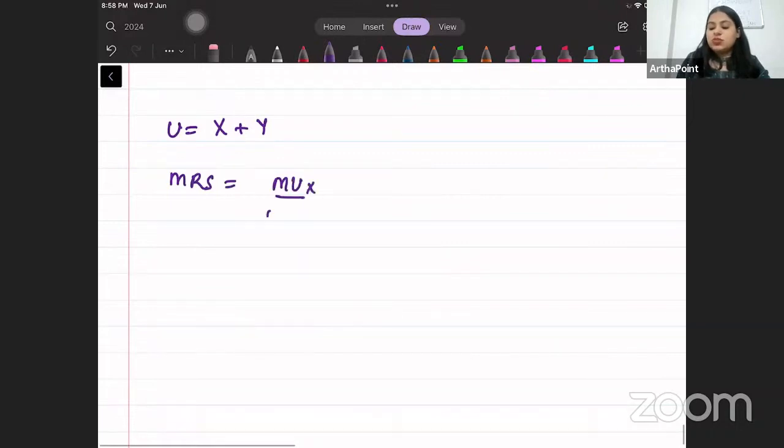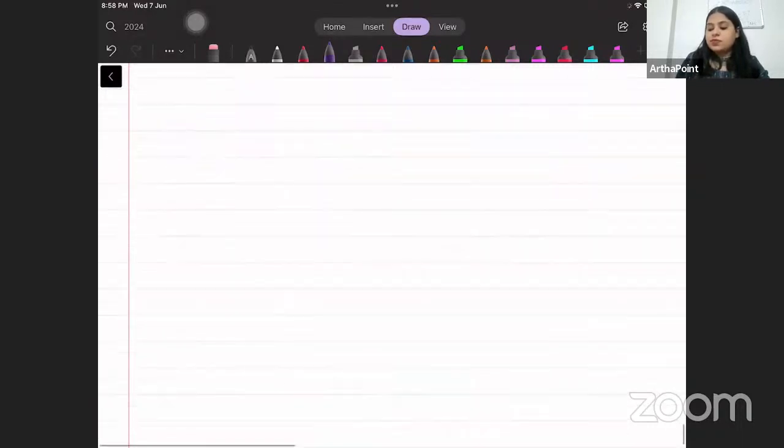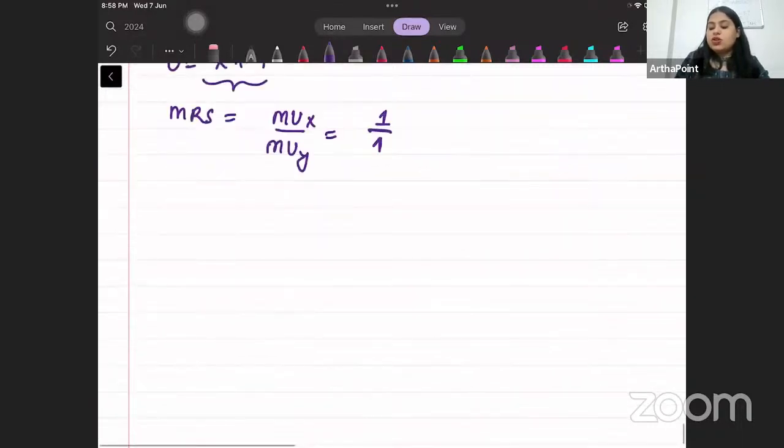If you differentiate it with respect to X, you get 1. With respect to Y also you get 1. So it will be constant, not necessarily 0. It is not diminishing. MRS is constant, but not 0. Any number.